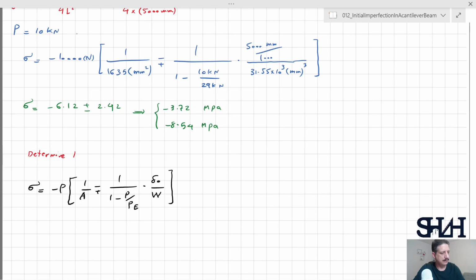Determine the maximum P at which the material yields.